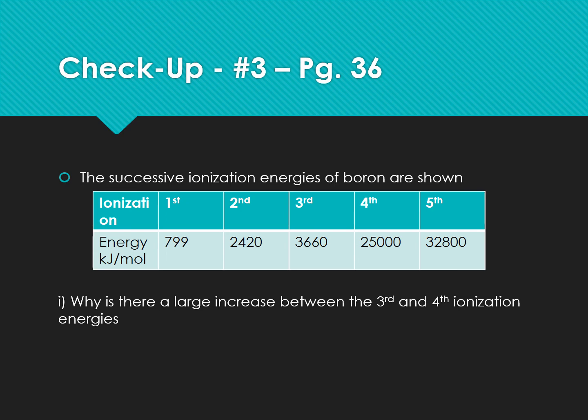So you remove 1, you're still in the second energy level. Remove 2, you're still in the second energy level. You remove 3, and there are no more in the second energy level. So now the fourth and fifth are in different energy levels. So that's going to take a bigger increase of ionization energy to remove that fourth electron.